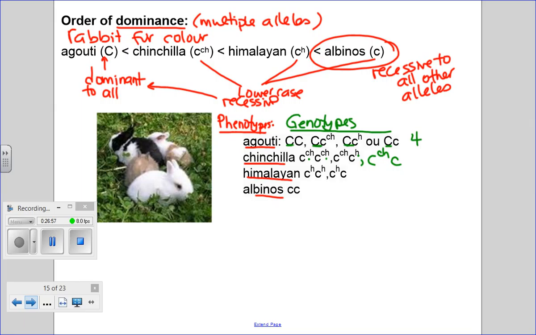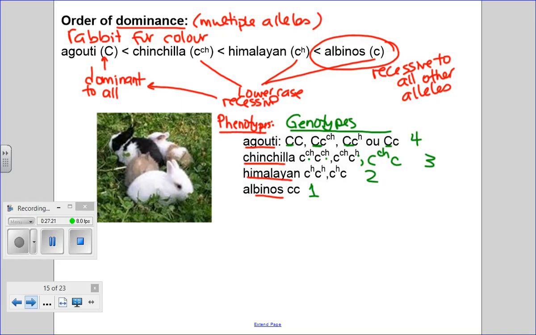There are 3. For Himalayan, there are 2. Either 2 copies of the Himalayan allele, or Himalayan plus albino, because that's the only one it's dominant towards. And for albinos, there is only one possibility. If it's the most recessive characteristic, you have to get 2 copies of that allele.